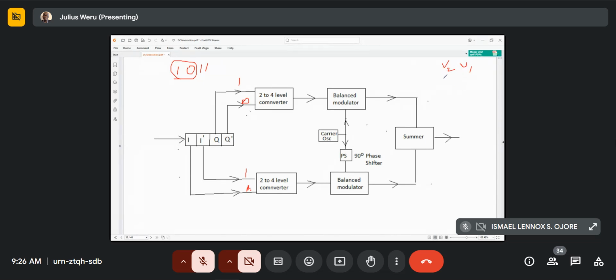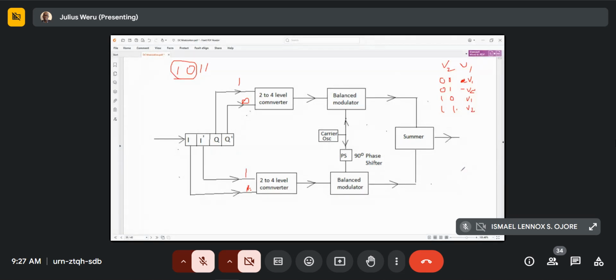So 0, 0 can be represented by minus V1, let's say. And 0, 1 by V2. Or let's say minus V1, minus V2. 1, 0 by V1 and 1, 1 by V2.